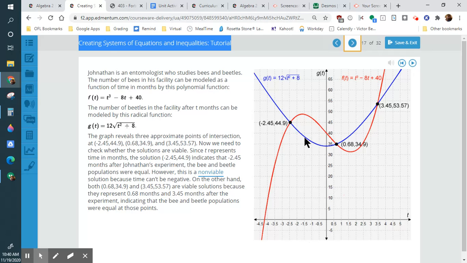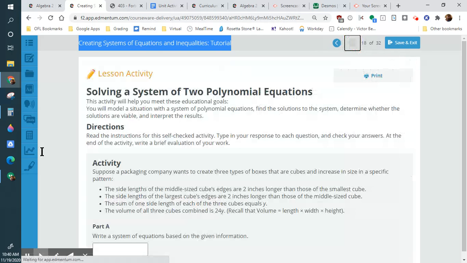Back in the day, maybe in the past this works, but in the future, we don't care about negative numbers. So these would be our only two viable answers. So that's what we mean by if a solution is viable or not viable. You kind of have to think about it in real life.